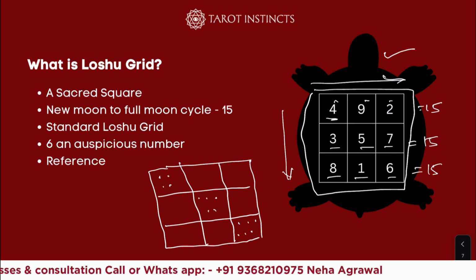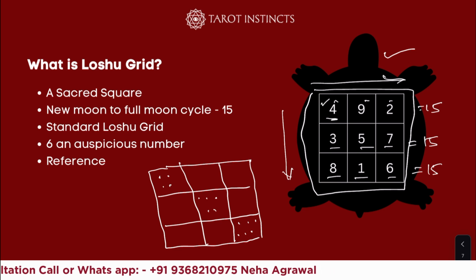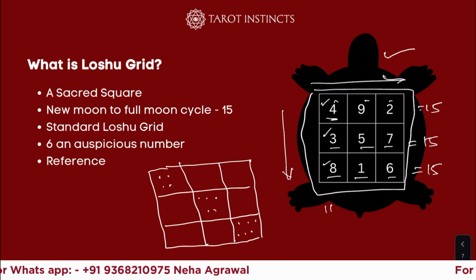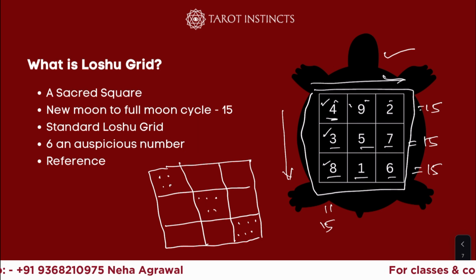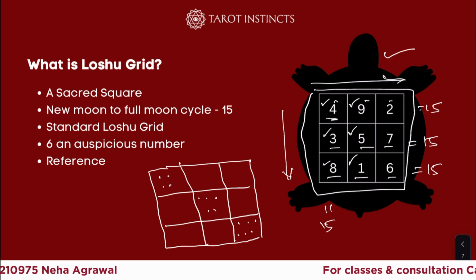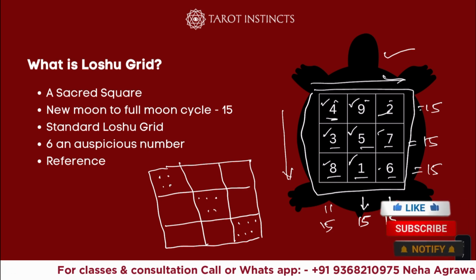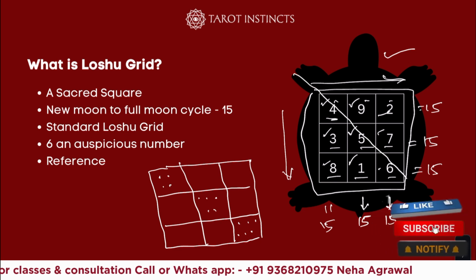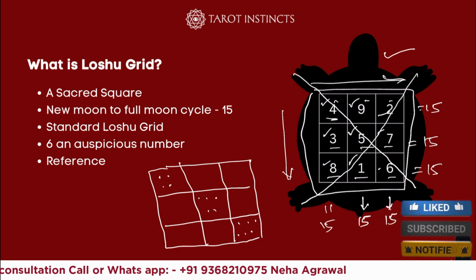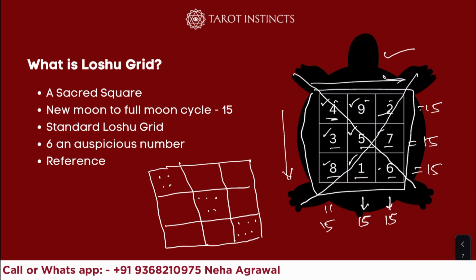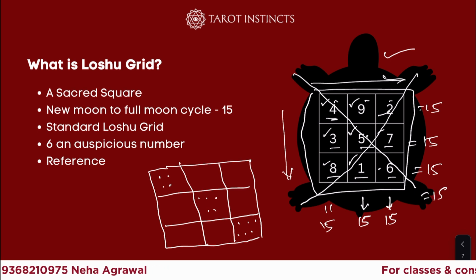Now you add vertically. If you add 4, 3, 8, it comes to 15. 9, 5, 1 adds up to 15. 2, 7, 6 adds up to 15 again. Not only that, if you add diagonally, 4, 5, 6 adds up to 15 again, and 8, 5, 2 adds up to 15 again.